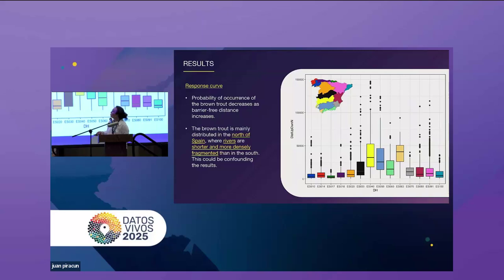So the places where we have the greatest barrier-free distance are in the center and south of Spain, where the brown trout isn't present, but not because of barriers, because of other environmental predictors. So this is what we think is happening here, that our variables aren't capturing the fragmentation, but rather are explaining something else. And this is why they respond in a different way than we thought they would.